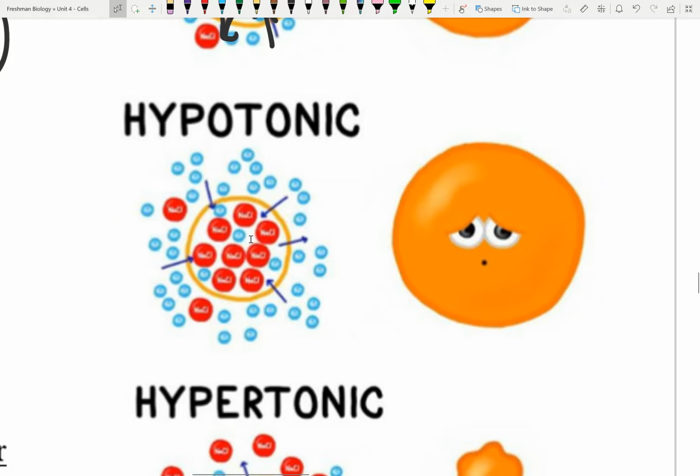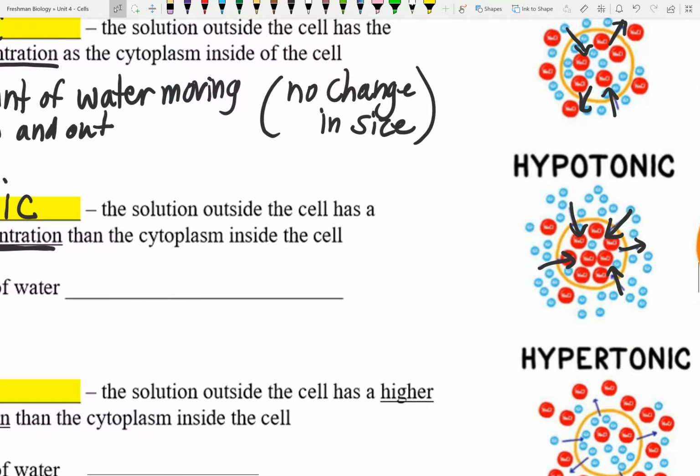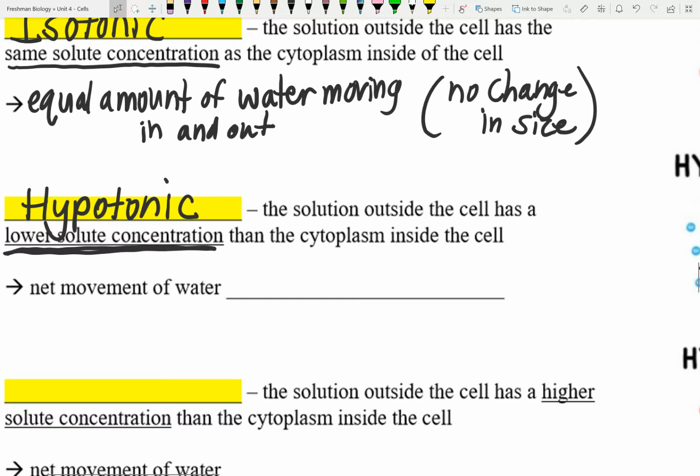Now let's think about osmosis. What's going to happen with the movement of water? There's a higher concentration of water out here compared to inside. So overall, there's going to be more water moving in. Even if there's some going out, overall, there's more going in, and our cell is going to get bigger. So when there's a hypotonic solution with very little or just less solute than the cytoplasm, there's a net movement of water into the cell.